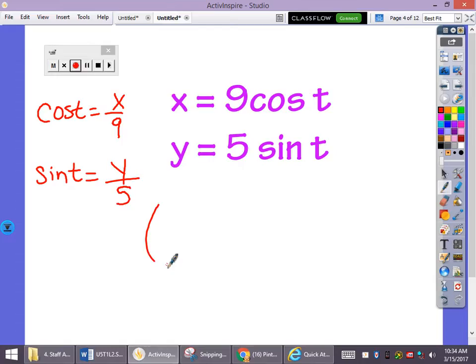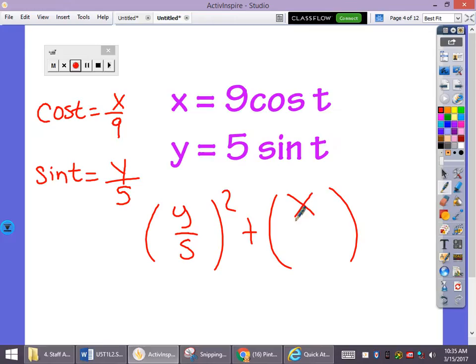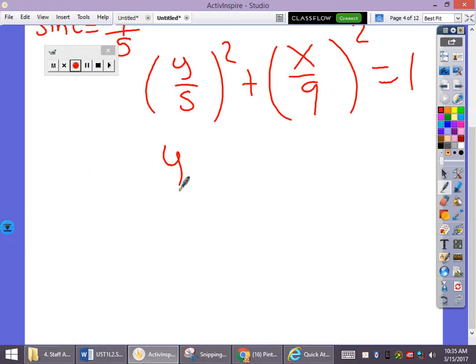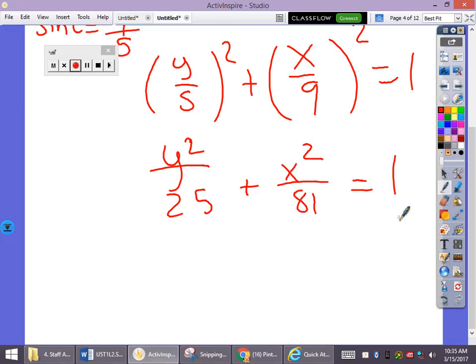So my equation becomes y over 5 squared plus x over 9 squared equals 1, which simplifies to y squared over 25 plus x squared over 81 equals 1. Good? All right, please locate this paper that we started with on Monday. And on the back, number 6 and 7. Please complete 6 and 7.